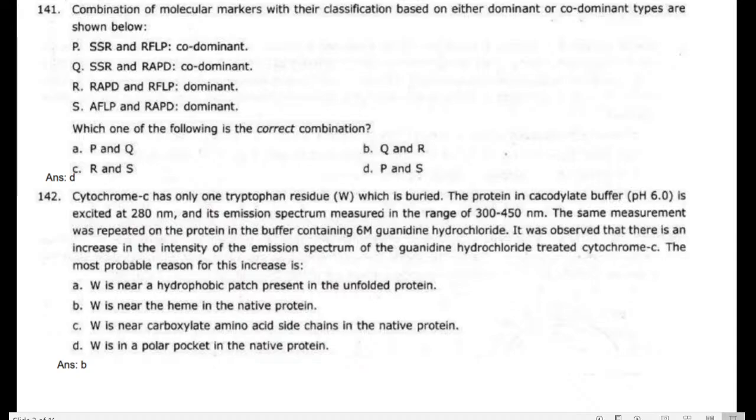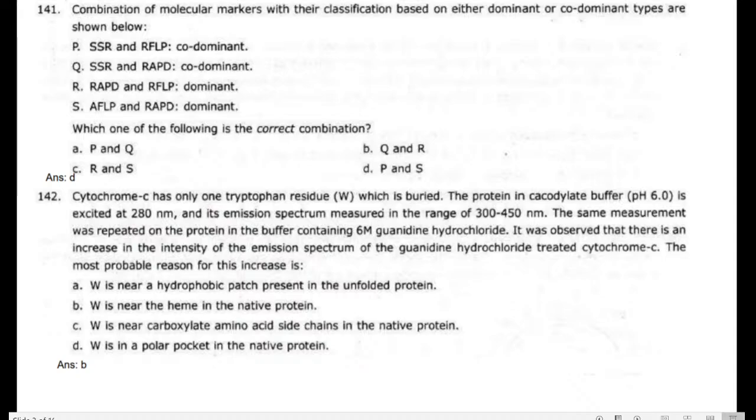RAPD is random amplified polymorphic DNA; the polymorphic DNAs are randomly amplified and stored in a library.